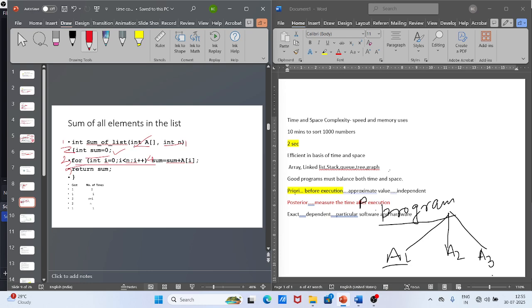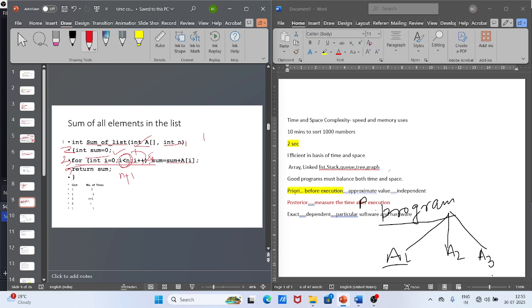In this line, this takes 1 unit time, this is 1 unit time, and this for loop goes n times, and with i plus plus, the for loop goes n plus 1 times.